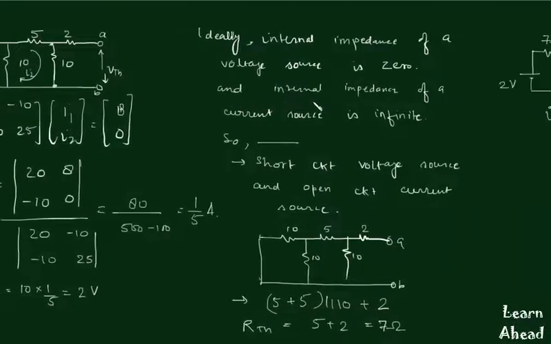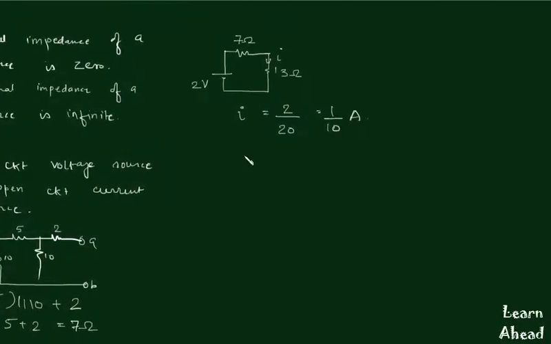As far as its significance is concerned, you might be thinking, why haven't we solved this network simply using KVL and KCL? And there is a reason. Thevenin's theorem provides us a way to solve complex circuits, and this is basically used when we are interested in a particular branch and not in other branches.